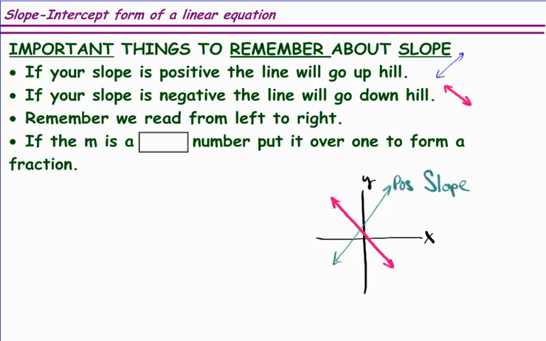Let's go ahead and write that in too. Okay, and if the m is a whole number, then we want to put it over 1 to form a fraction, because remember, our slope is rise over run, and if we're going up, we also need to know how far over we are going.